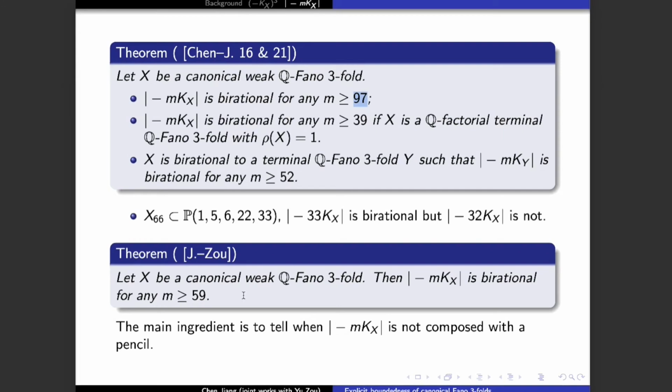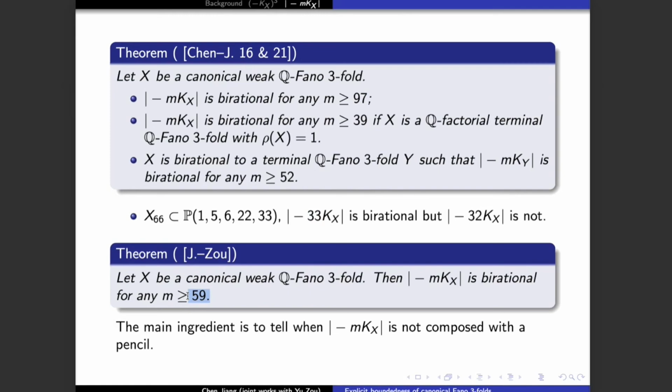We showed that we need 59 to get the birationality, instead of 97. So we improved almost half of it. Of course it's also quite far from 33, but it's some improvement.